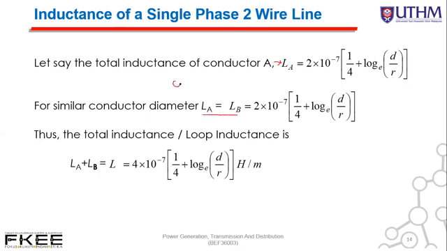If we have two conductors with similar diameter, A and B, then B also has the same equation for inductance as A. So the total inductance, the loop inductance, is nothing but L_A plus L_B equals L, which is 4 times 10 to the power of minus 7 times (1 over 4 plus log exponent D over R) Henry per meter.